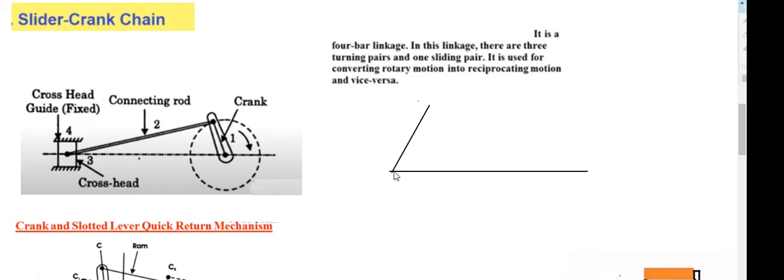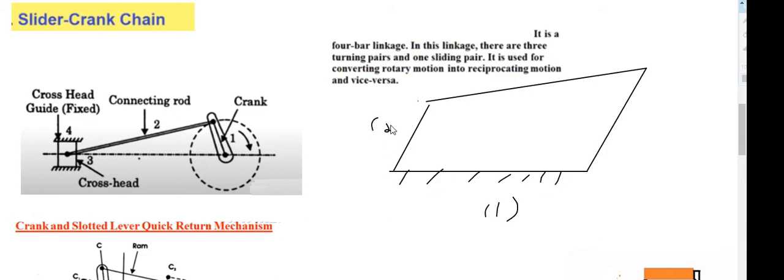This is a basic 4-bar chain. Let link 1 be fixed, then 2, 3, and 4. In the 4-bar chain we have all four pin joints and all four turning pairs. This link and this link turn, these two turn, these two turn, so all form turning pairs.